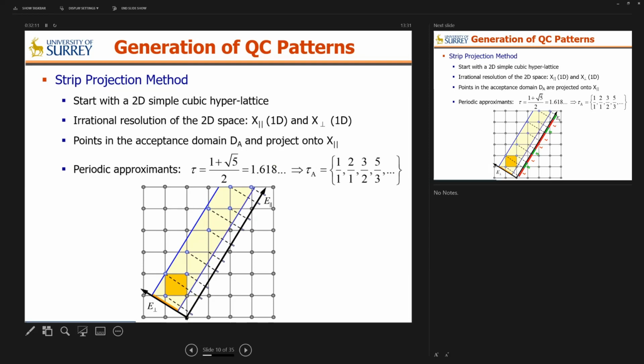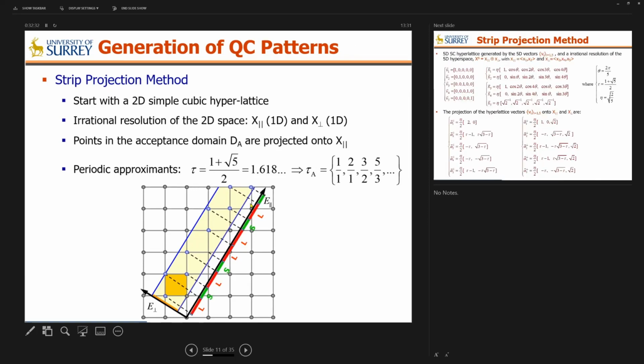Well, imagine that this is the orientation of the line, it is irrational, it doesn't pass through any point. But then I say, well, if I move the line a little bit to the left or a little bit to the right, I can make it pass through a given point. And that will create an approximation of the Fibonacci set, right? Very good. Now, I won't go into all the details, but if I have this, I can look at the distribution of the distances between the points in the pattern.